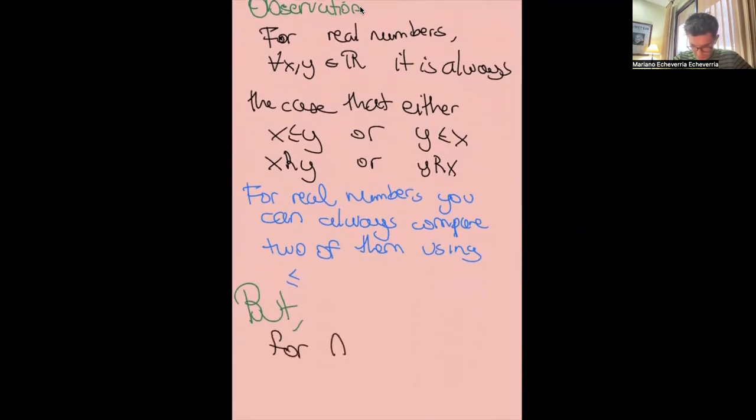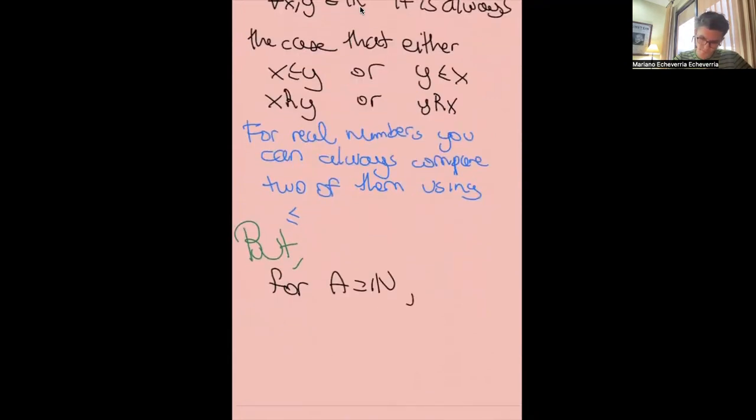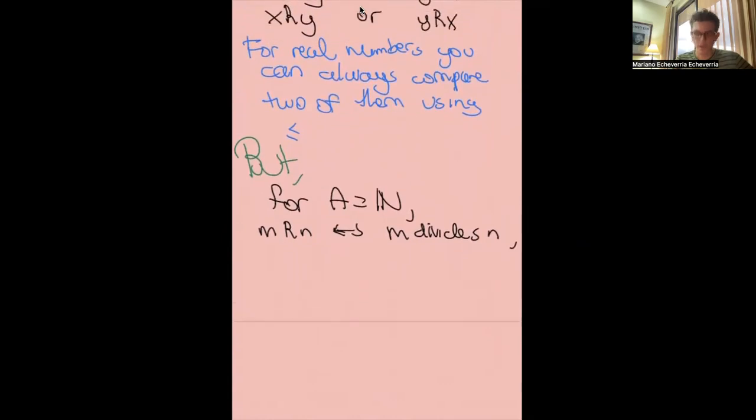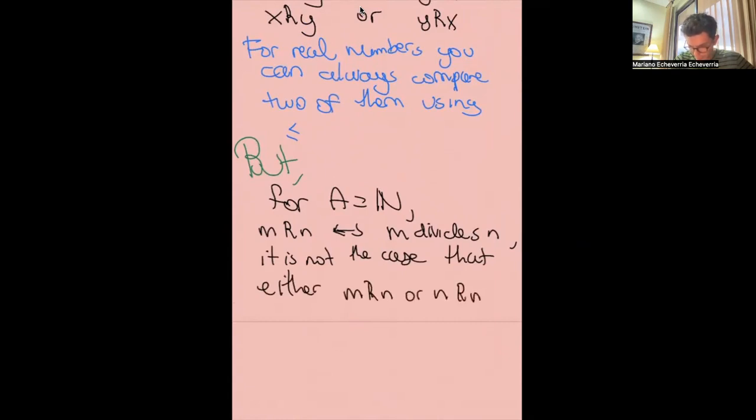For the integers, m is related to n if and only if m divides n. We already gave an example earlier that this is not necessarily true. We have that it is not the case that either m is related to n, or n is related to m.